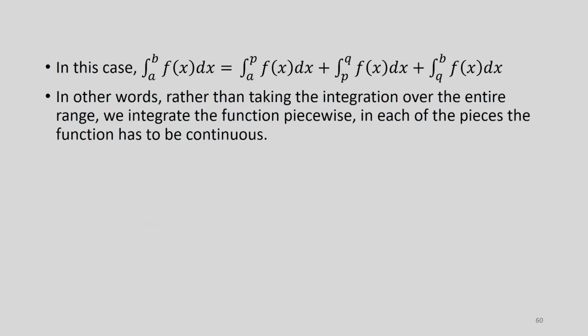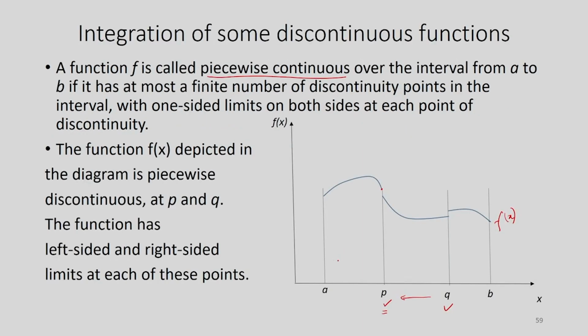So, in this case what we do, how do I find the integral of this function from a to b? I take piecewise. So, integration of f(x) from a to b is equal to integration of f(x) from a to p plus integration of f(x) from p to q plus integration of f(x) from q to b. So, basically this part plus this part plus this part.